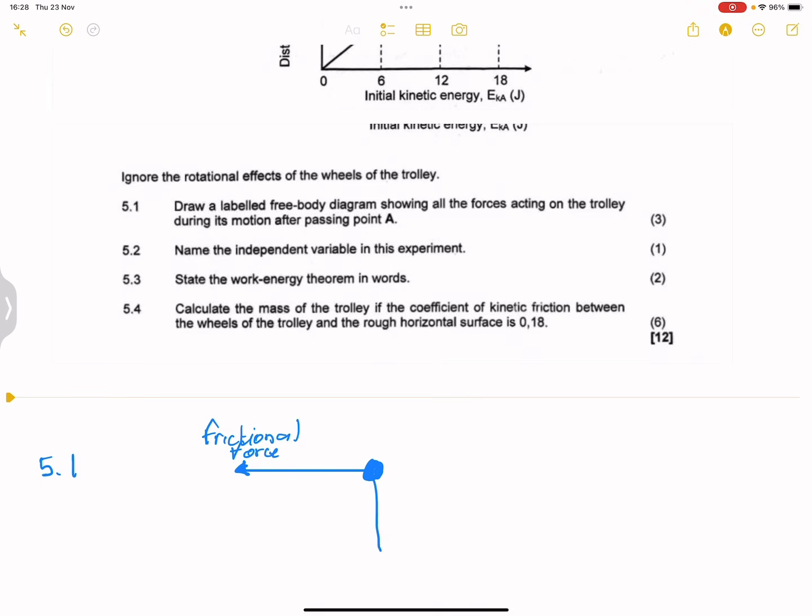Okay, let's try and draw that a bit nicer. So that's going to give us the gravitational force, or you can say this is the weight, as well as the normal force.